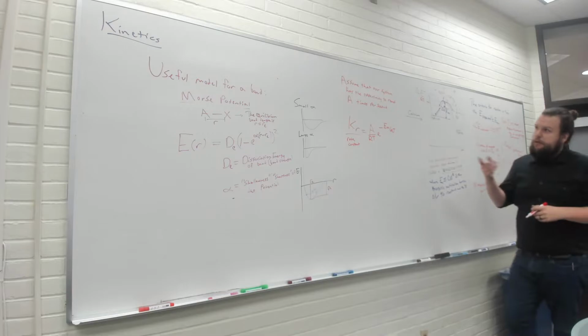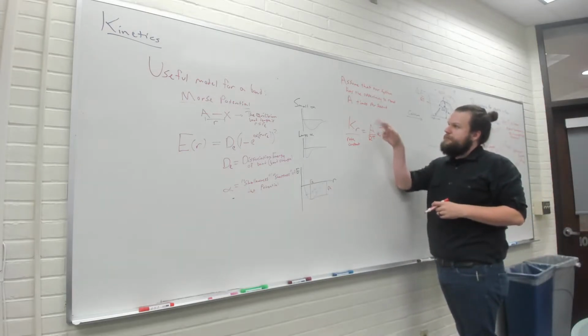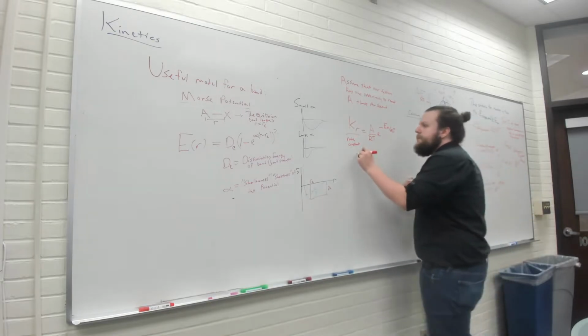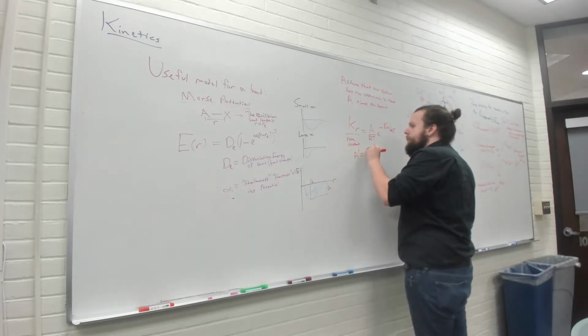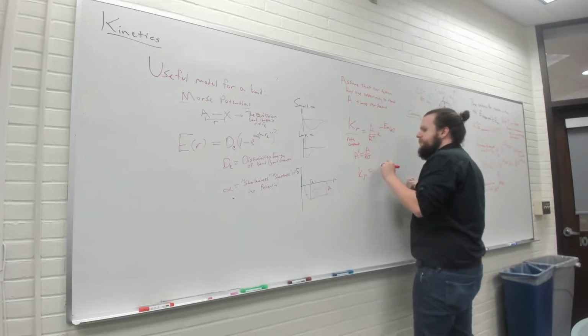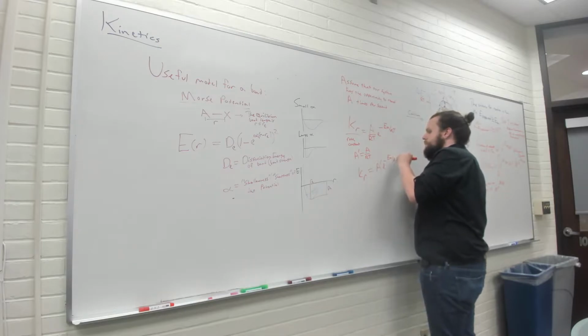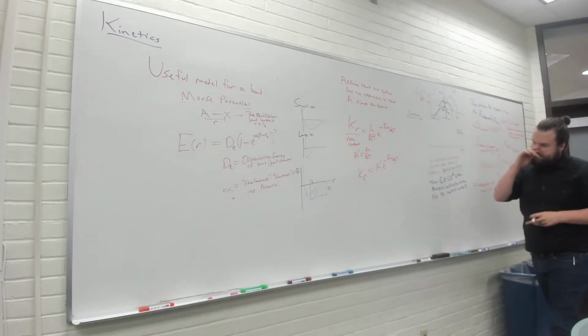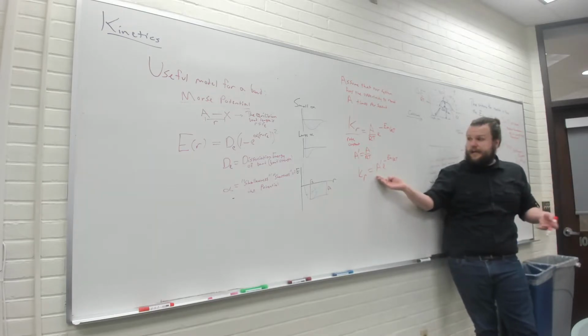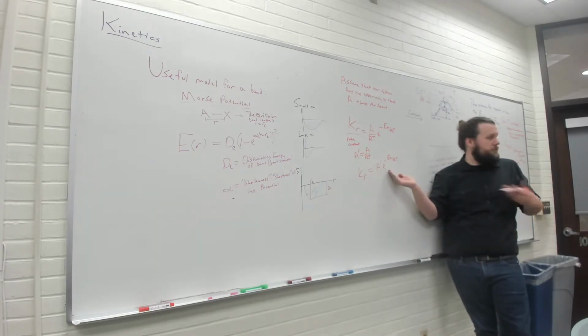Okay, so this has the right units that we want. We have to figure out the units of A eventually, but we don't have to worry about that right now. Let's set A prime equal to A over RT, just to get rid of it. And k_R is equal to A prime e to the minus E_A over RT. So the rate constant is the number of opportunities to react times the fraction of the molecules that can react energetically.